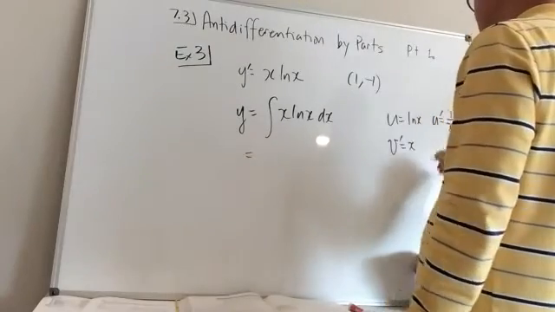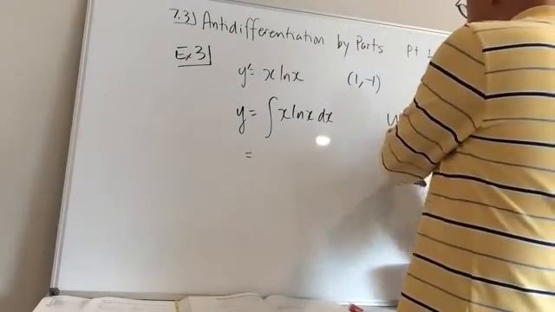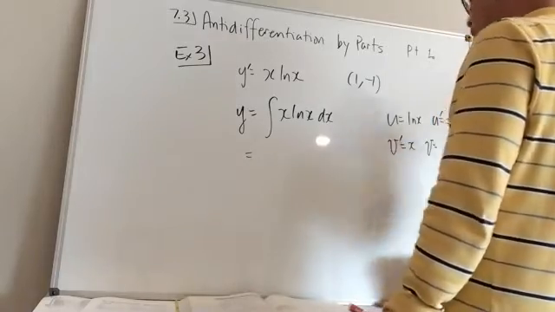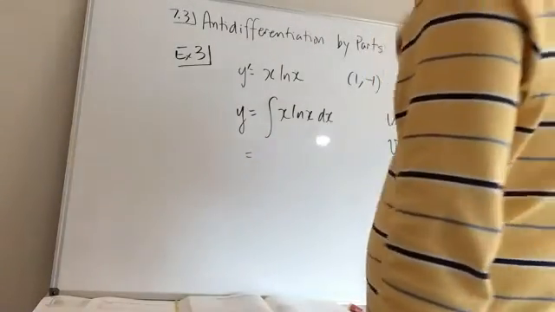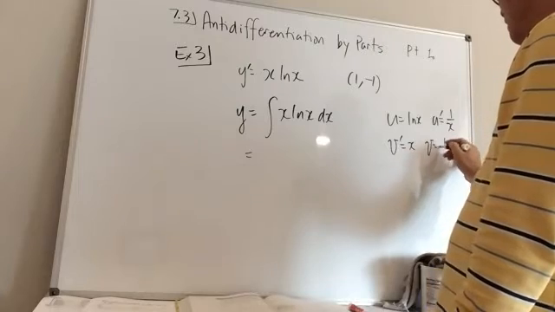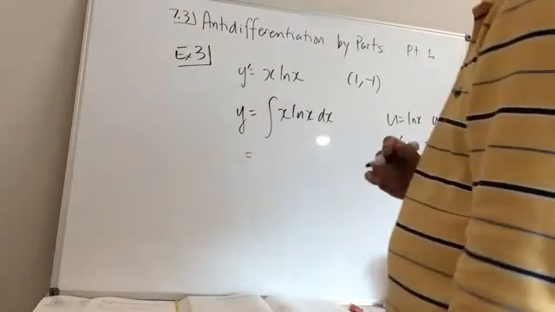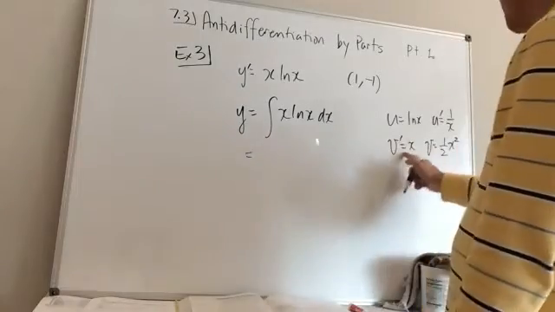Okay, so v prime is going to be x, so v is going to be equal to what? What, when I take the derivative, do I get x? 1/2 x squared, right? So if I take the derivative, I get this, right?